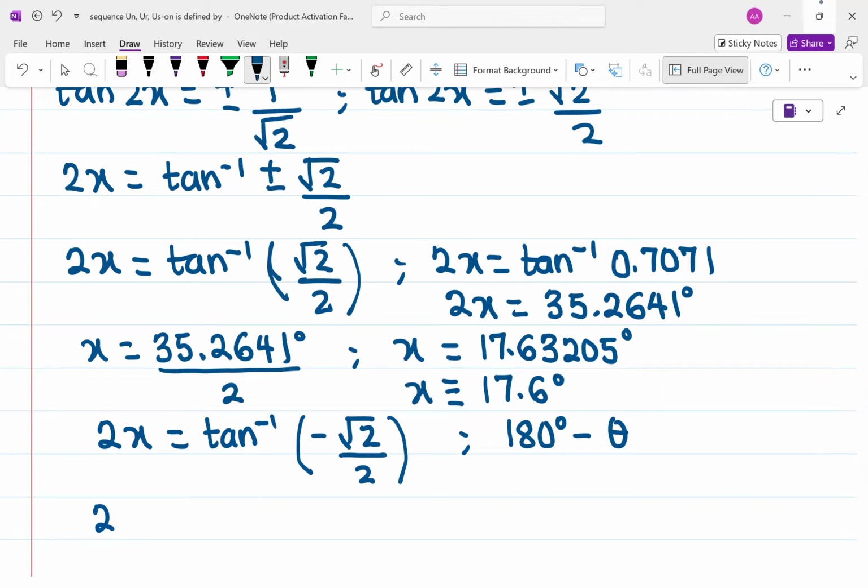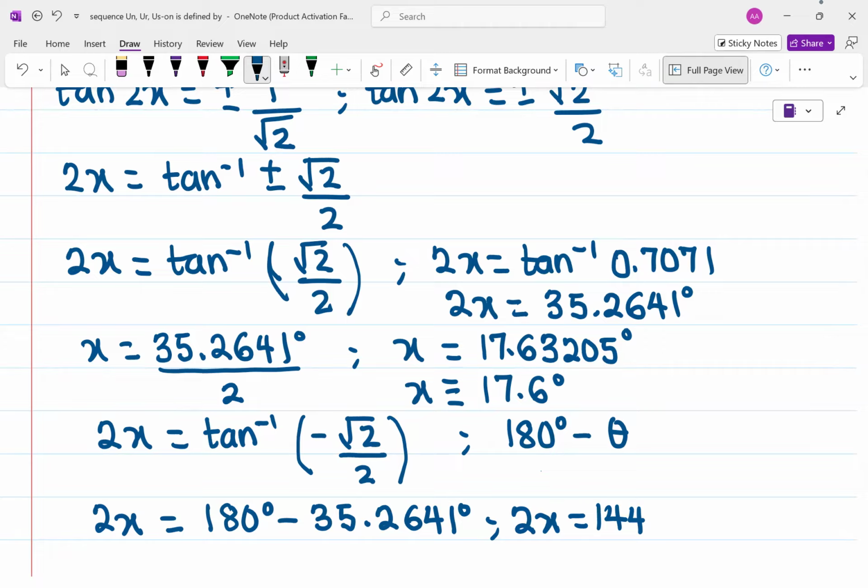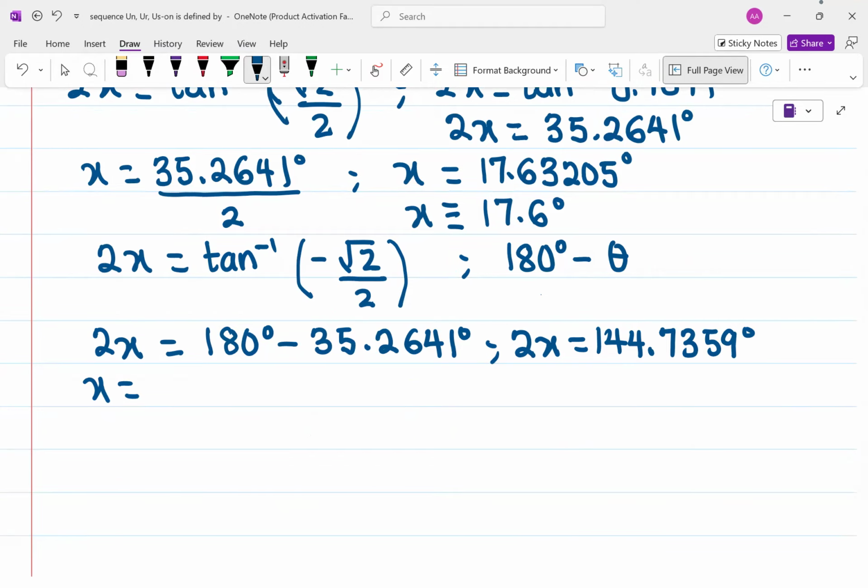So I have my 2x is equals to 180 degree minus 35.2641 degrees, since that's the value of tan inverse 0.7071. So I have this to now become 2x is equals to 144.7359.